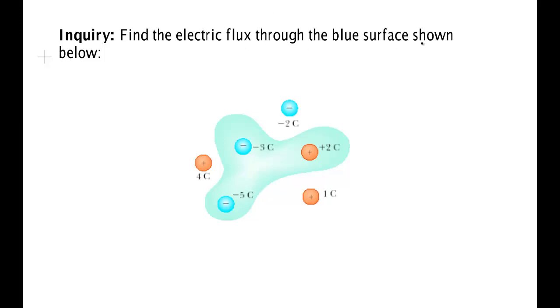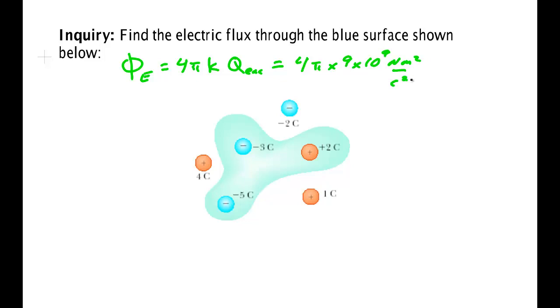Find the electric flux through the blue surface shown below. So here we go, a surface, this weird looking shape. To find that flux, it's 4 pi K Q enclosed. That's 4 pi times 9 times 10 to the 9th newton meter squared per coulomb squared times minus 3 minus 5 is minus 8 plus 2 is minus 6 coulombs.